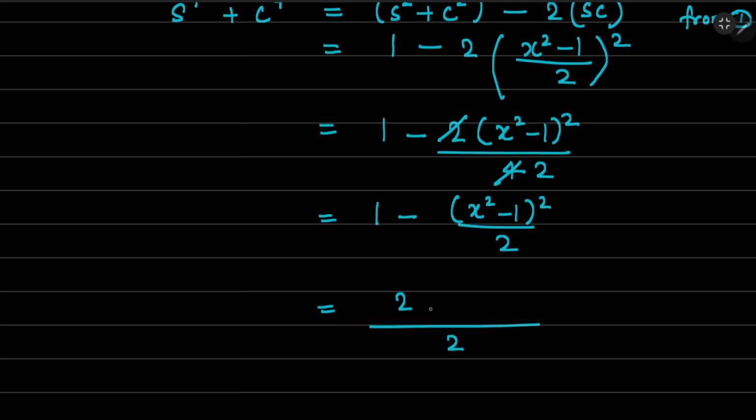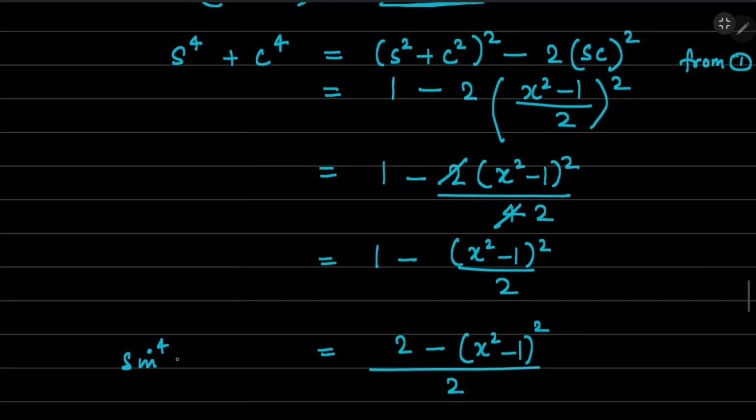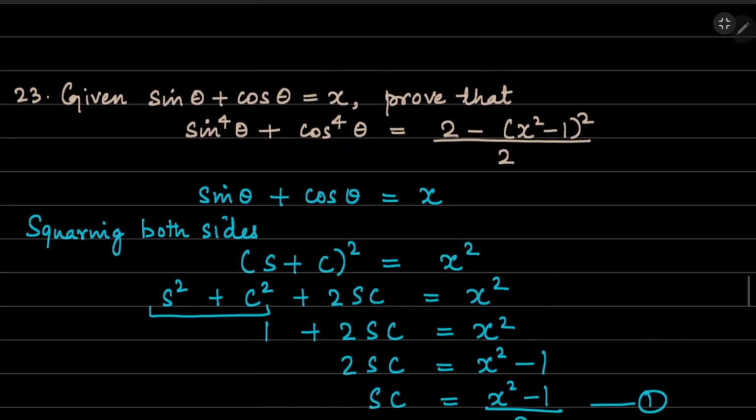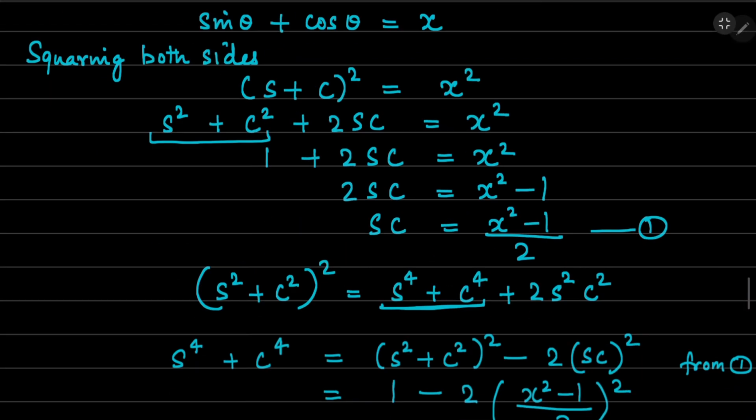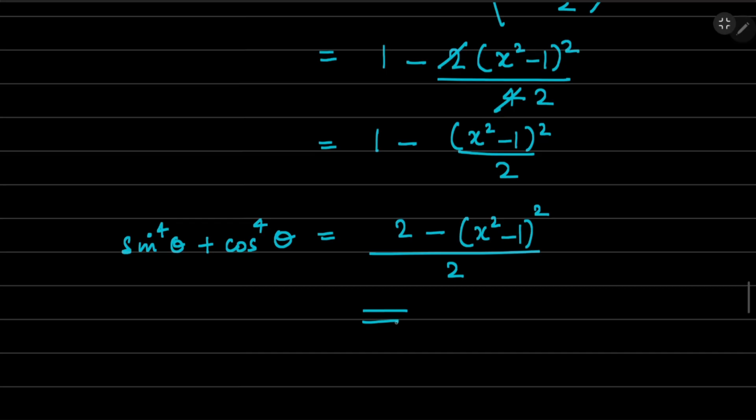So here you'll have 2 minus x square minus 1 the whole square, by 2. This is nothing but your sine to the power 4 theta plus cos to the power 4 theta. And this is what we needed to prove. Hence proved.